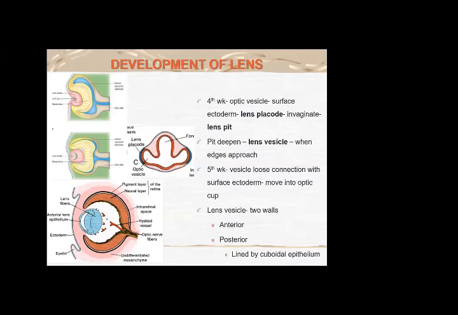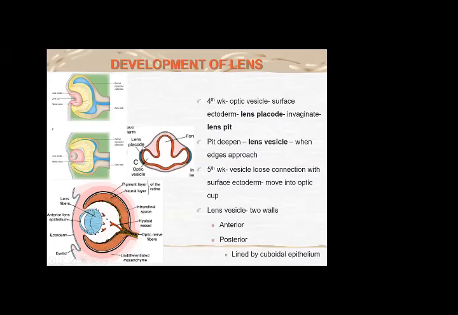Okay, so let's come back and start with the development of the lens. It all began when this dilated optic vesicle came in contact with the surface ectoderm.